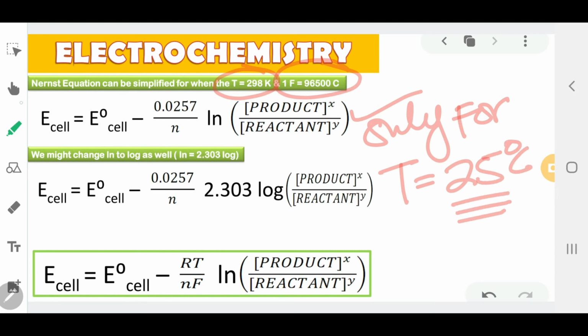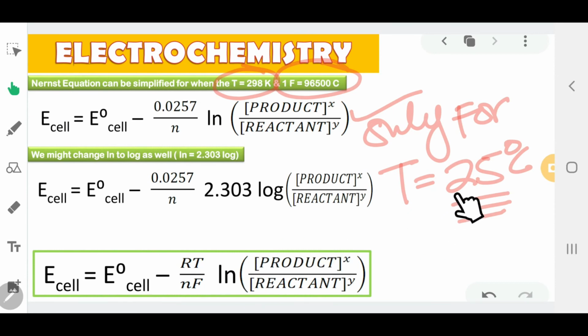So if you have a different temperature than 25 degrees Celsius, and the constant over here is not 1F, but usually it's going to be at 1 Faraday, then if you do not have the temperature at 25, you have to use this formula over here.